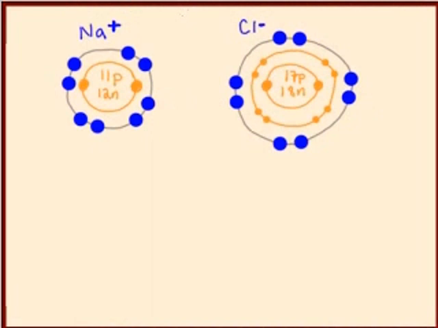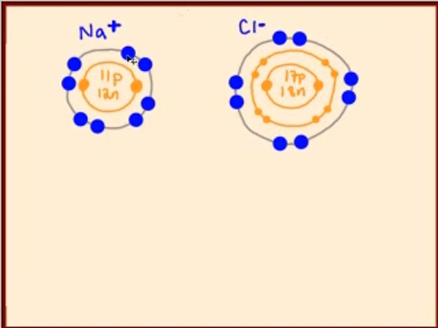And so what's going to happen here? Here we have the chloride anion and the sodium cation.